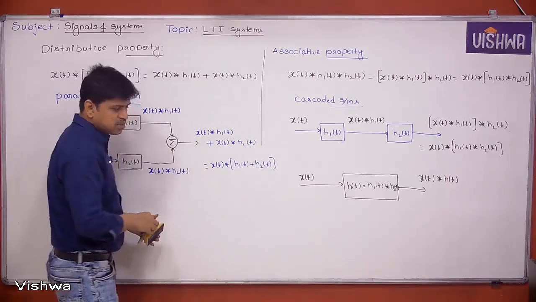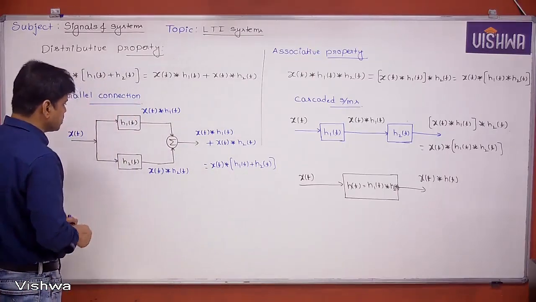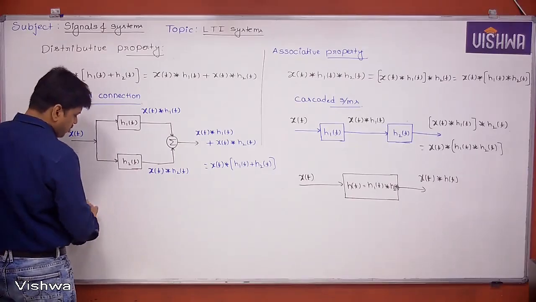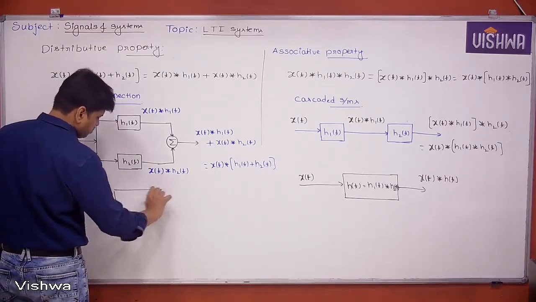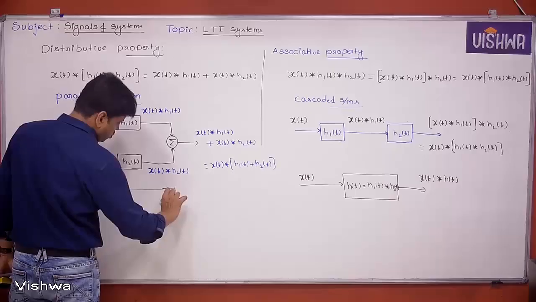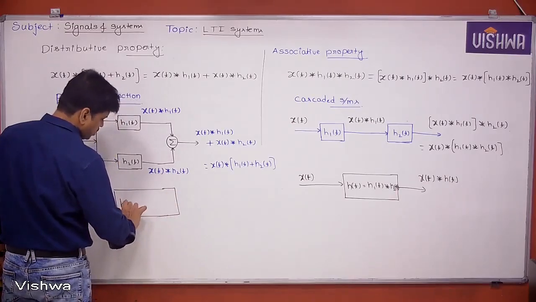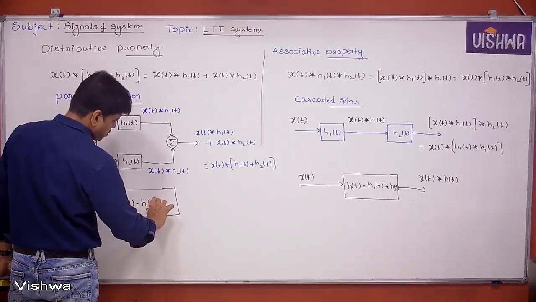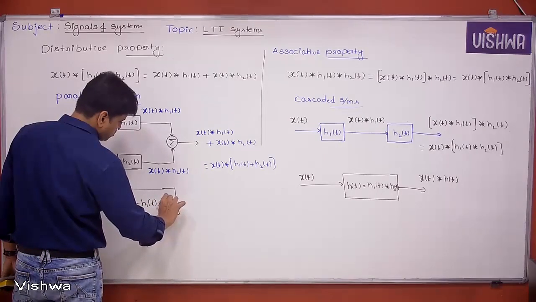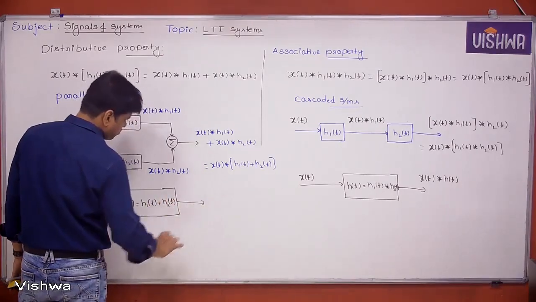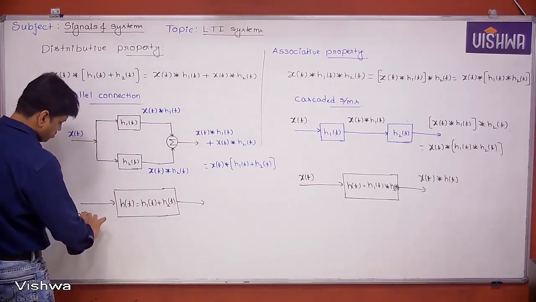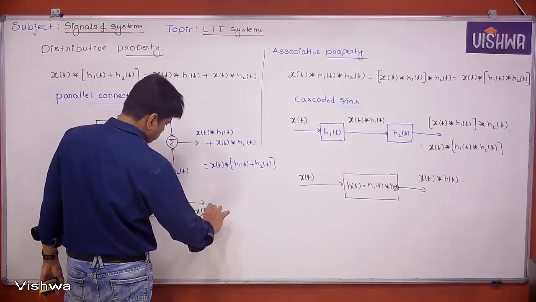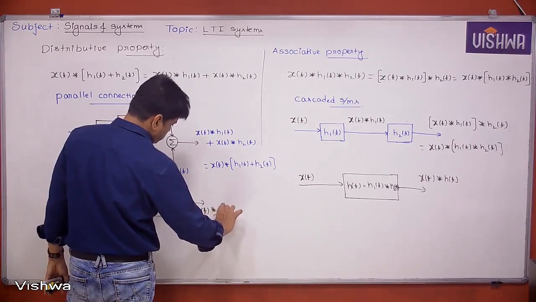That something is nothing but the overall impulse response. That means I can replace these two systems with a single system which has impulse response equal to the sum of the two impulse responses, which is h of t equal to h1 of t plus h2 of t. That's what we are going to get. So if input is x of t, the output is x of t convolution with h of t. Okay, take it.